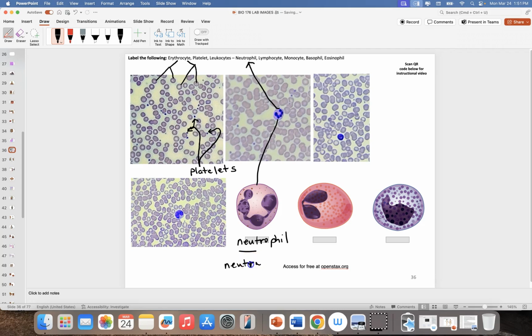And this is because the granules in the cytoplasm, they're chemically neutral, and therefore they don't really stain very well. If we take a look here at the cytoplasm versus the cytoplasm of these cells, we don't really get to see the granules, again, because they are neutral. And again, that's where we get the name neutrophil.